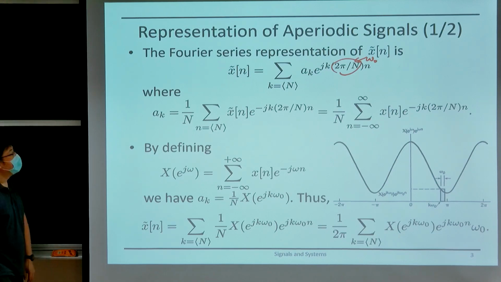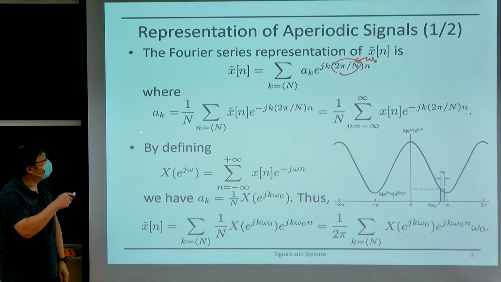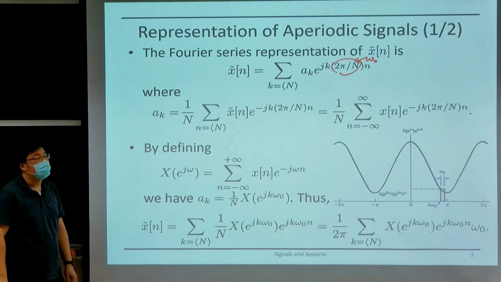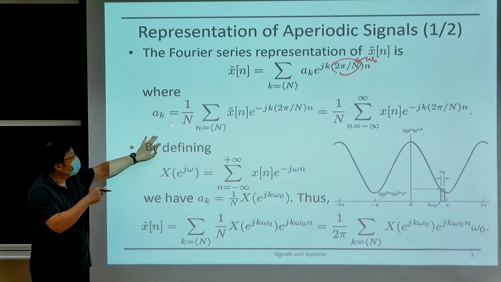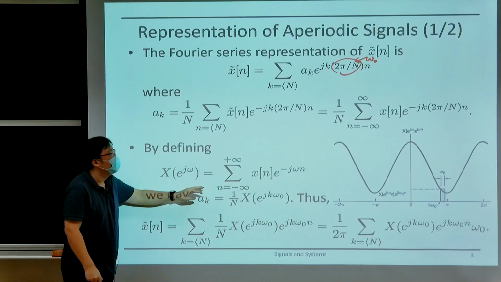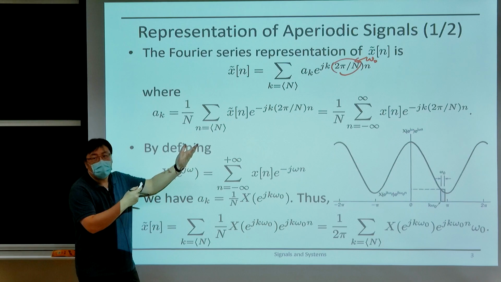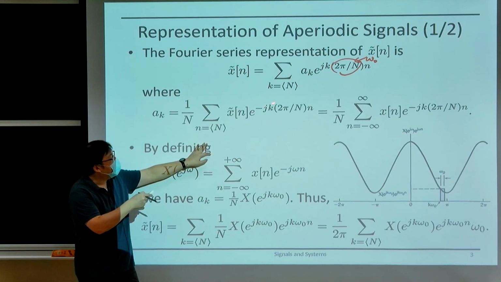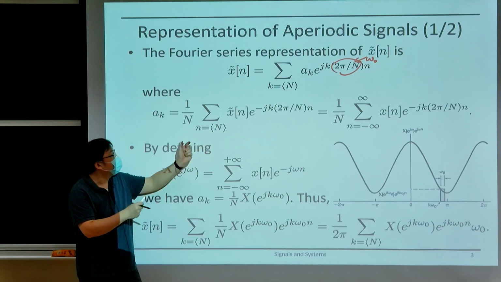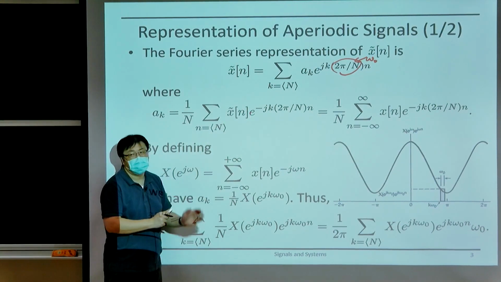Right. And then how do we find the Fourier series coefficient? Right, this is the formula for finding the Fourier series coefficient. So we take 1 over N, the summation of x tilde times e to the minus jk 2 pi over capital N times n. Okay? So as we mentioned before, this is like taking the inner product between x tilde and this complex exponential in order to see how much of x tilde of n lies in the direction of this complex exponential.